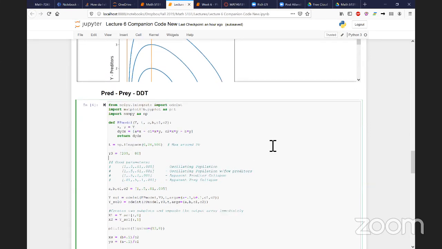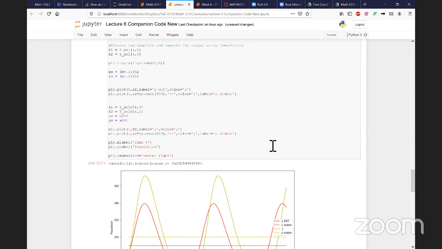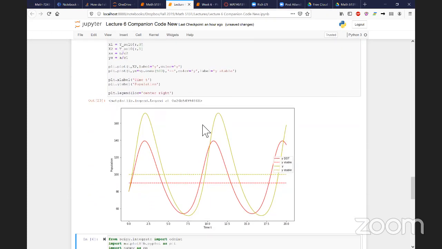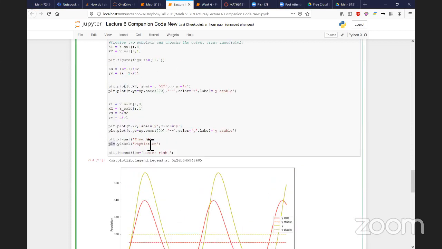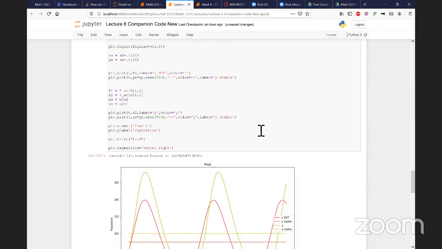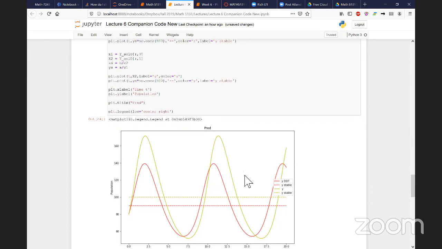So we can ignore my bad coding, but here you go. So this is a picture of what happens to the predators.